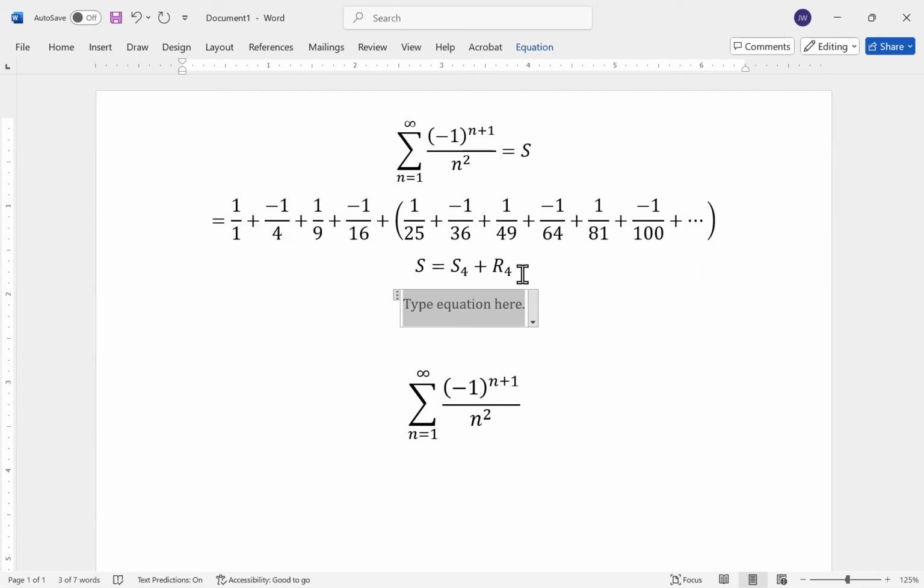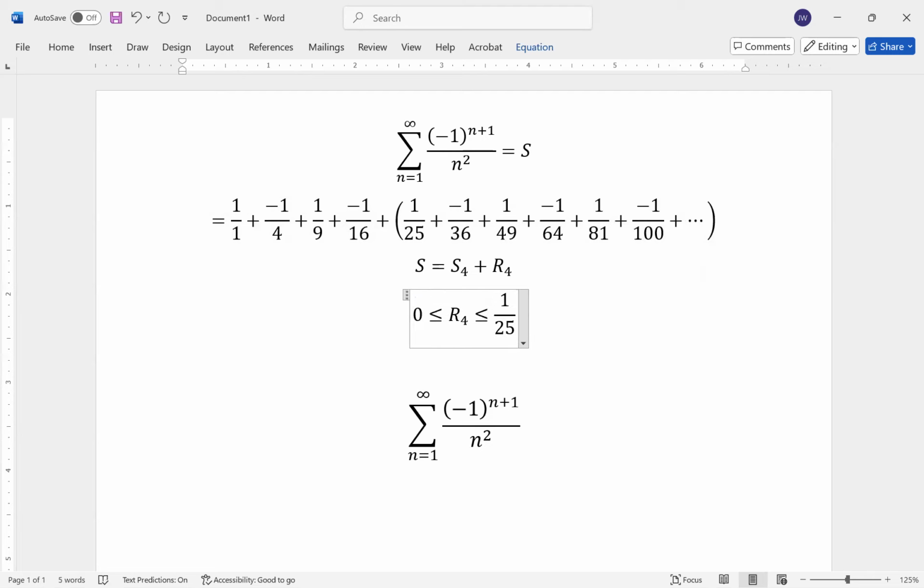And I'm claiming that that remainder after the first four terms is positive. I'll say greater than or equal to, but we know it's greater than. And it's less than 1 over 25. So that means that the sum of the first four terms is within 1/25 of the actual summation for the series.